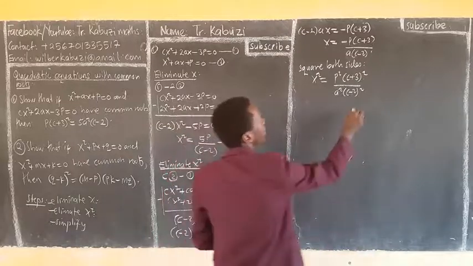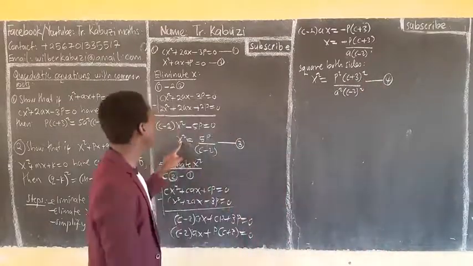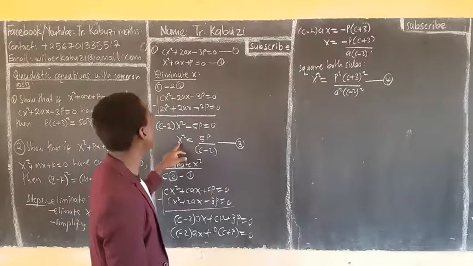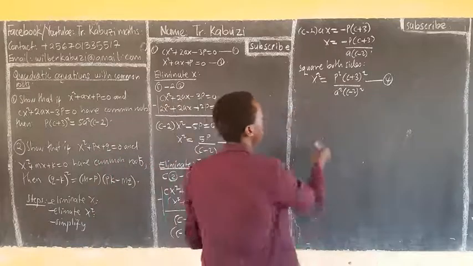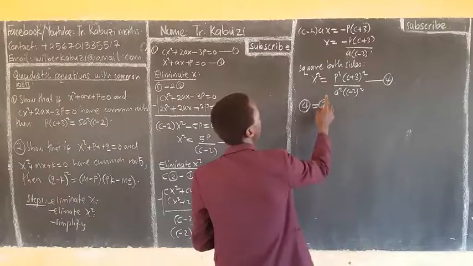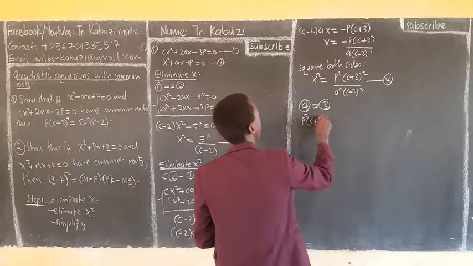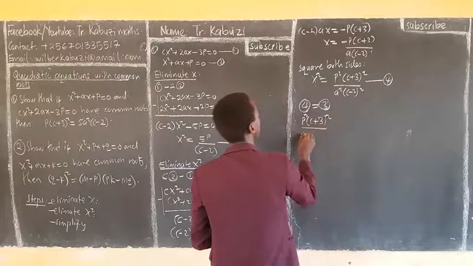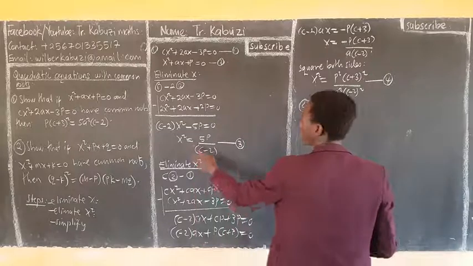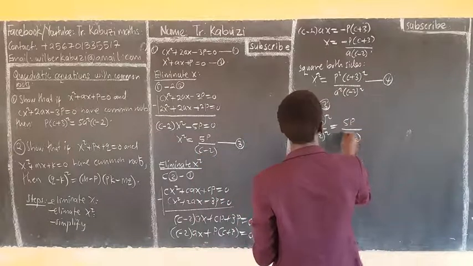This one is your equation 4. So equation 4 and equation 3 are the same, because this is x squared and this is x squared, meaning that my equation 4 is equal to equation 3, which is 5p into c minus 2.